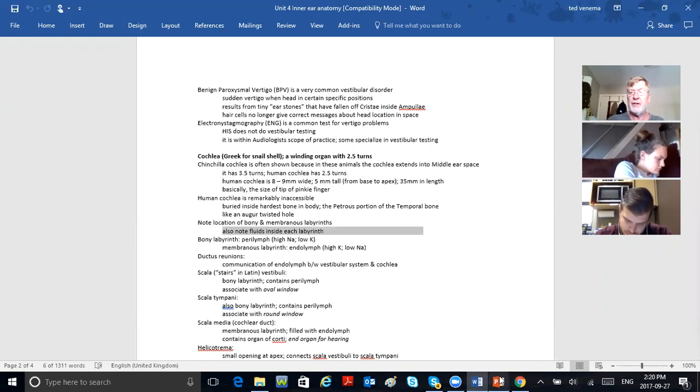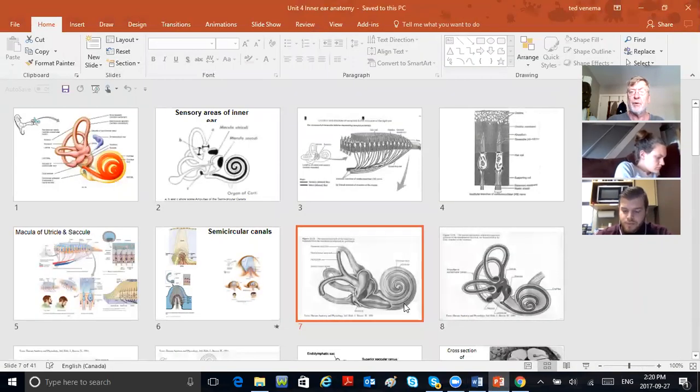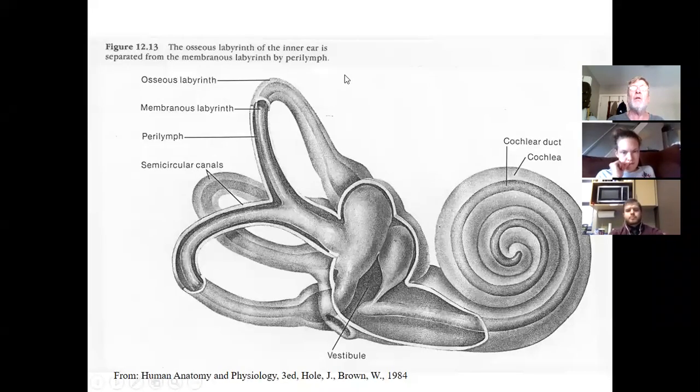So let's look here. Pull up this slide, take a peek. Once again, all the white here is solid bone. The light gray area is the bony labyrinth. The darker gray area is the membranous labyrinth. Again, solid bone, and here's the tunnel filled with perilymph fluid. Here's the membranous labyrinth filled with endolymph fluid.